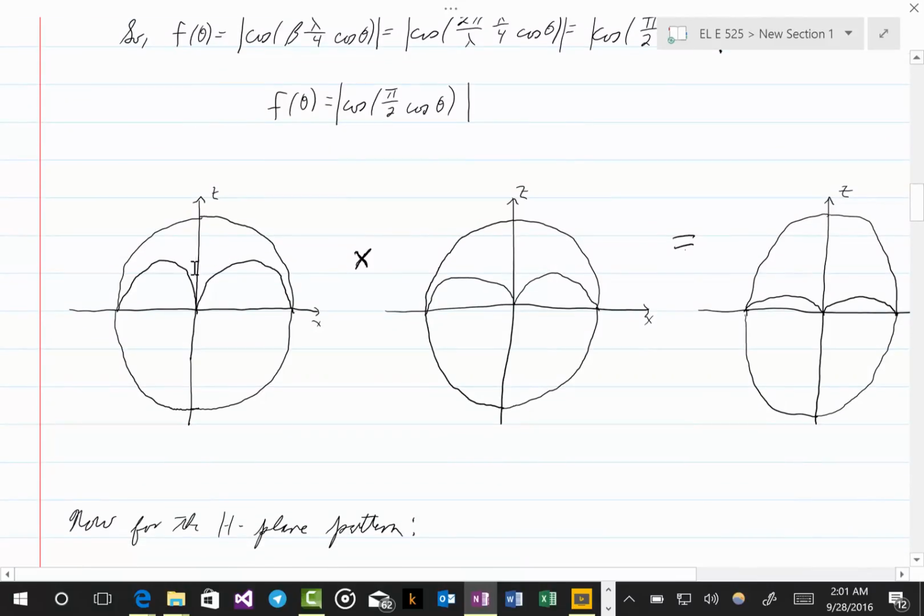The first pattern here is the element pattern, which is sine theta. Now remember, theta is measured with respect to the z-axis. And by the way, on all of these polar plots, one way that you can start is to draw a circle of radius 1. That's what we've done in each case, and then we fill in the plot.